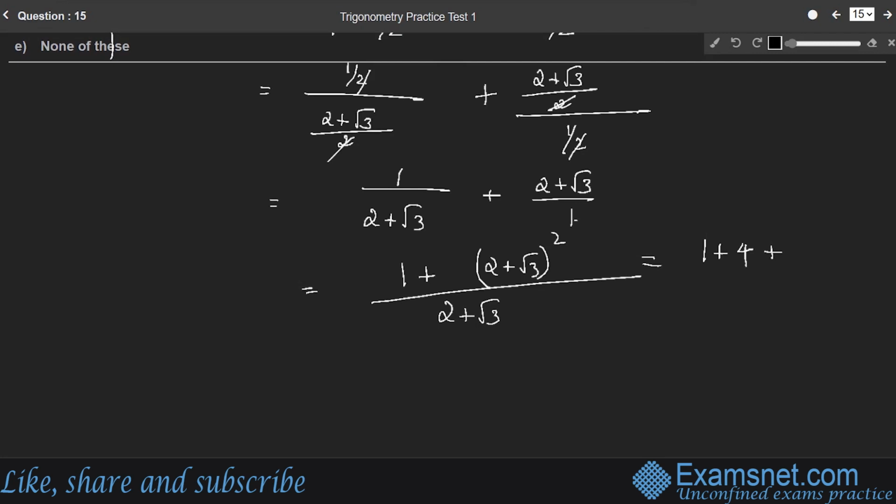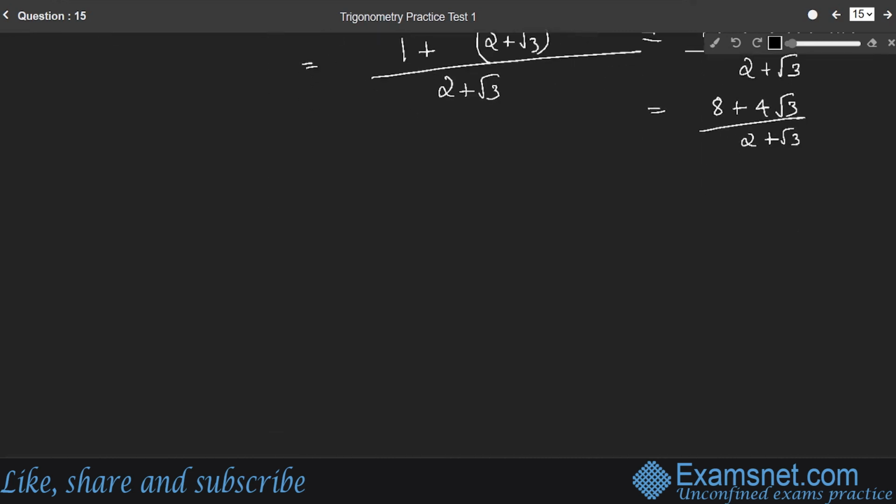Plus b square is root 3 the whole square, which is 3 itself, plus 2ab. 2 times 2 into root 3, which is 4 root 3, by 2 plus root 3, right? So, we have 4 plus 3 plus 1, which is 8, plus 4 root 3 by 2 plus root 3.